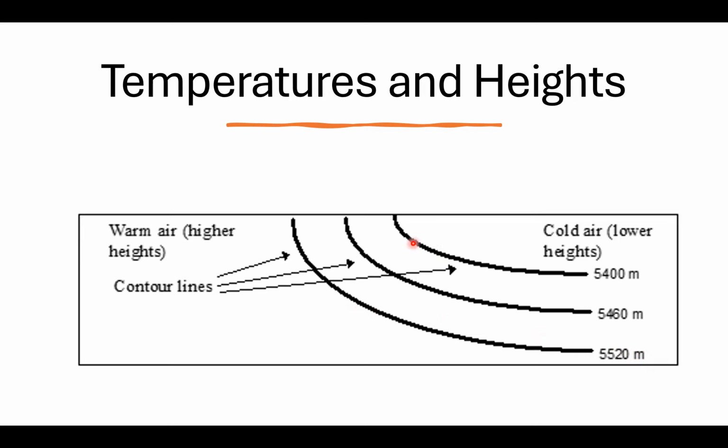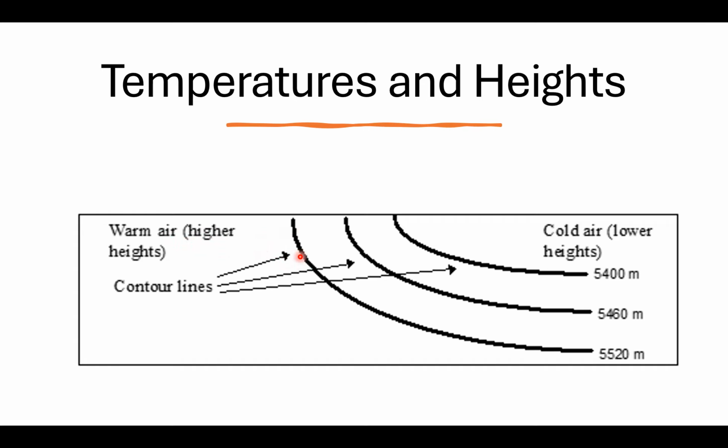So these are height contour lines, and one thing you want to realize here is we have colder air in the upper right-hand portion. We have lower heights associated with the colder air here. So our heights around this location where the colder air exists would be around 540 decameters. If we were to point out this particular area, the upper left portion of this diagram, we have warmer air, so we have higher heights.